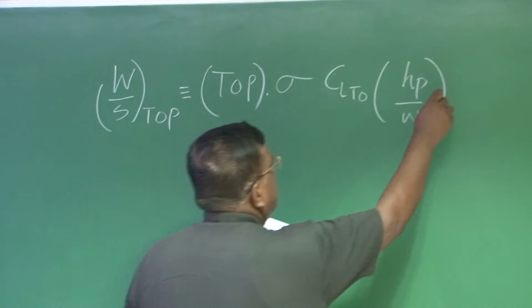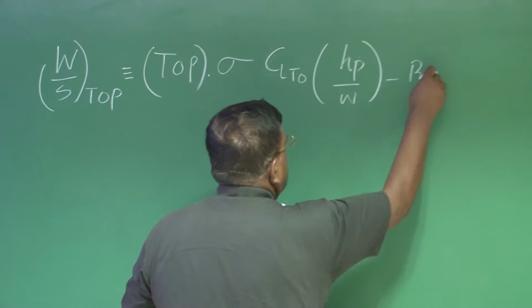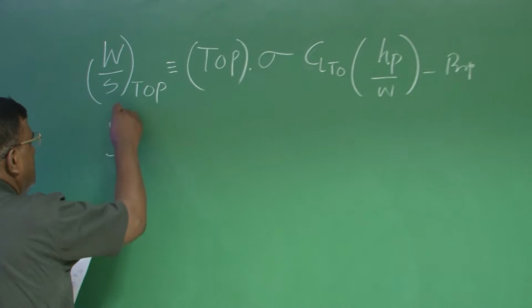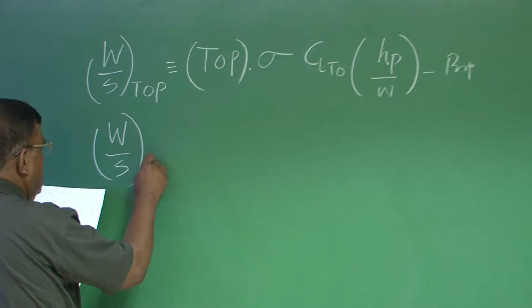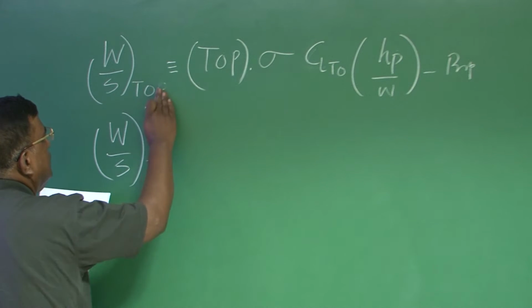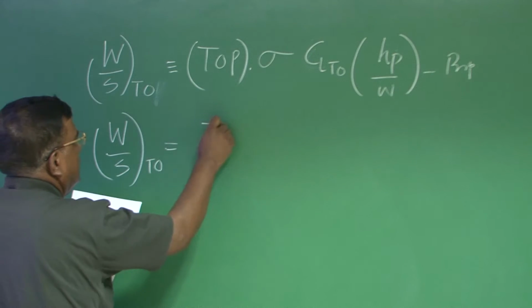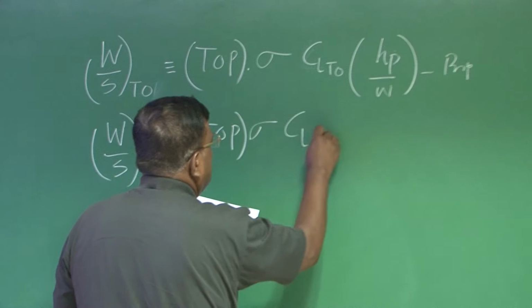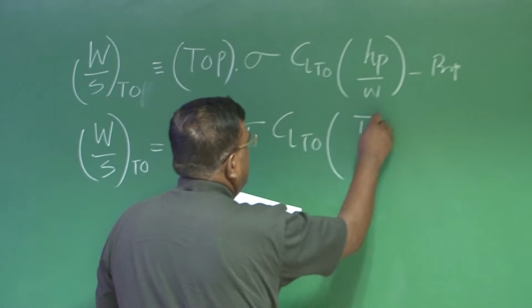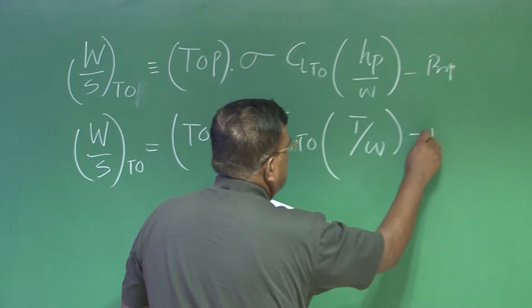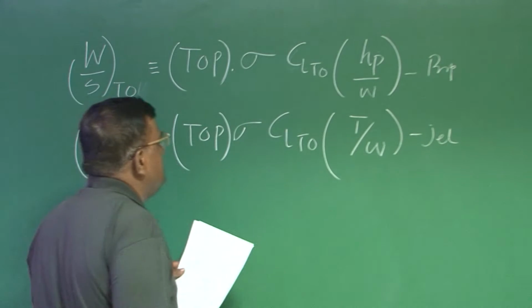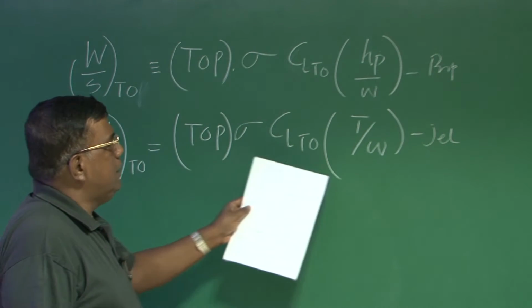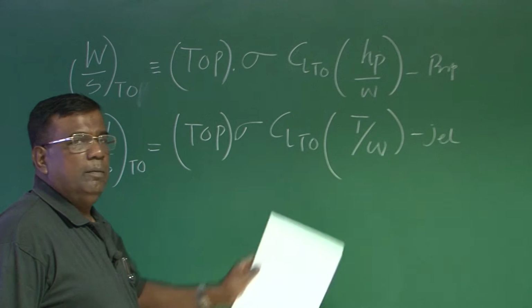For a propeller-driven, let's say IC engine backup, W by S takeoff equals takeoff parameter into sigma into CL takeoff T by W for jet-driven. You could easily see the connection of W by S and T by W.